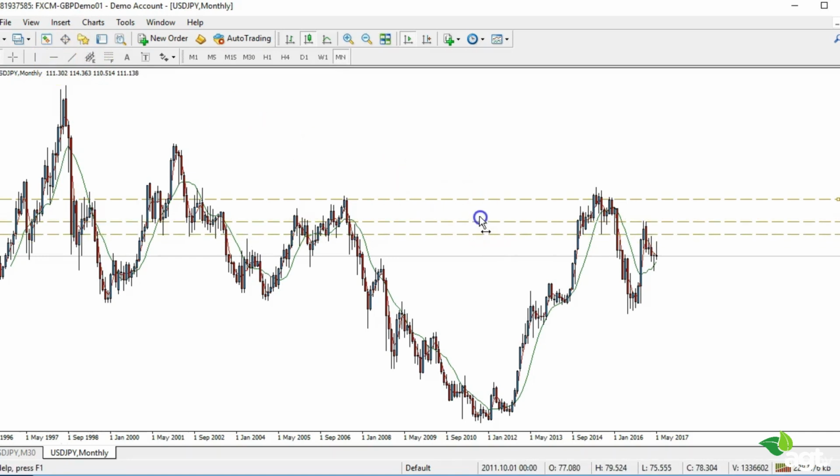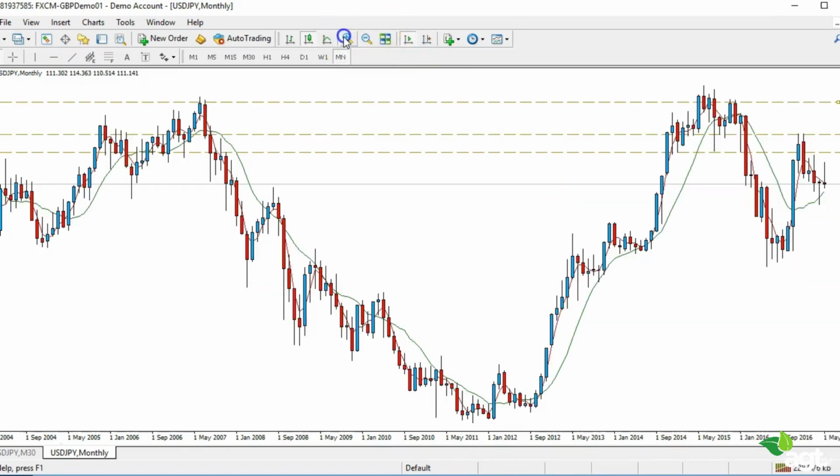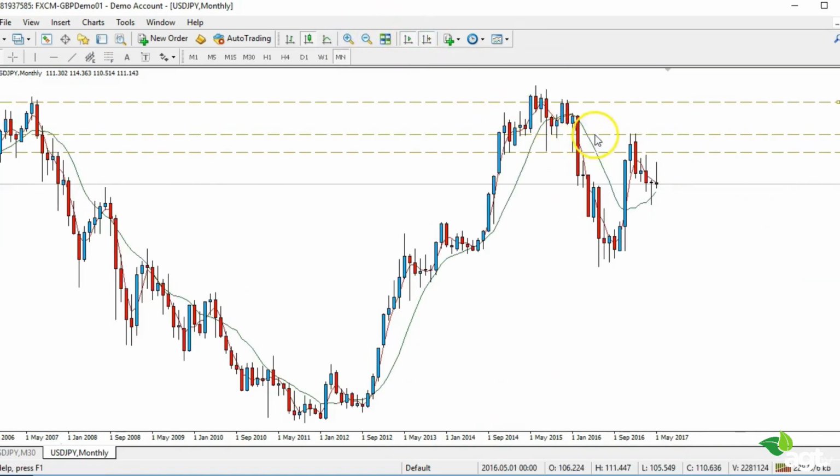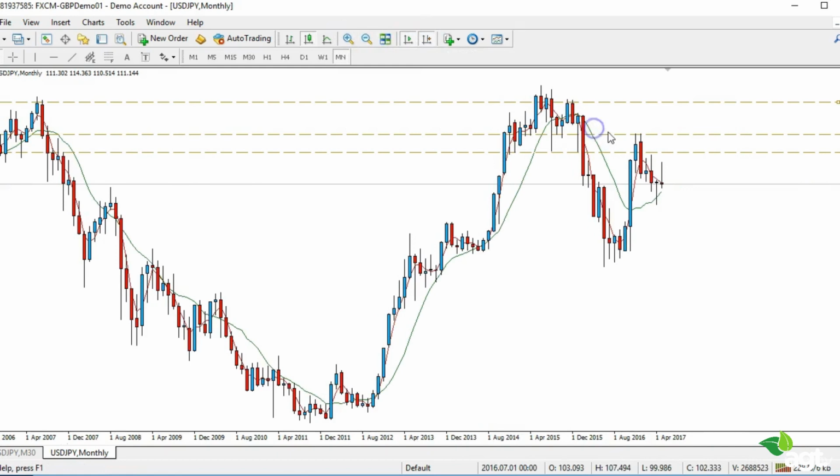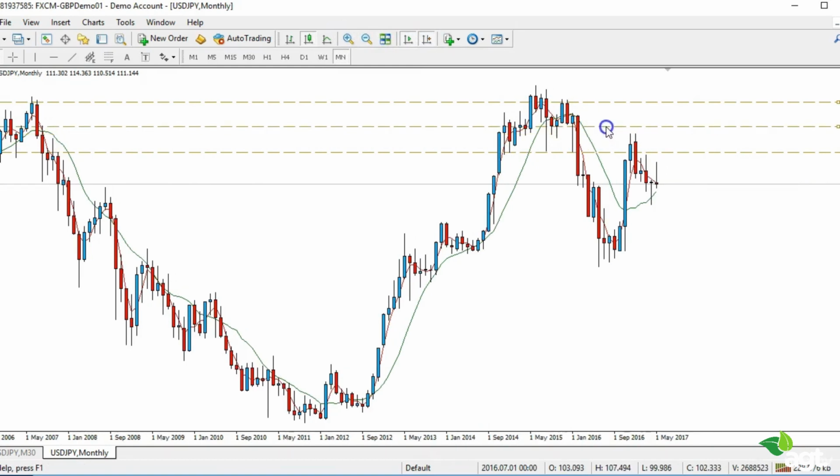Okay, so if I just enlarge this a bit, you can see that what we've got here is what is known as a resistance zone, because this is where candles are closing and where they're spiking down to. So this has actually created a little zone.